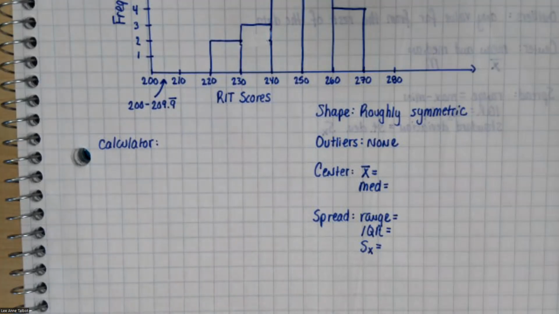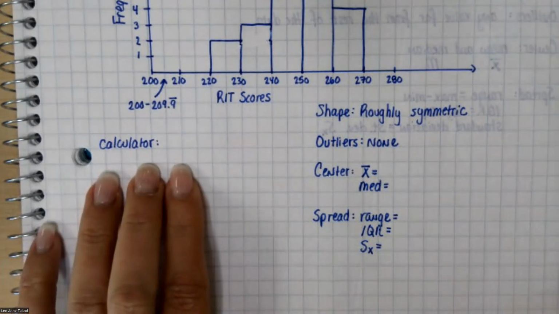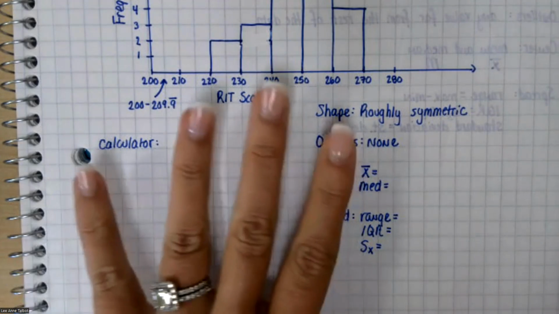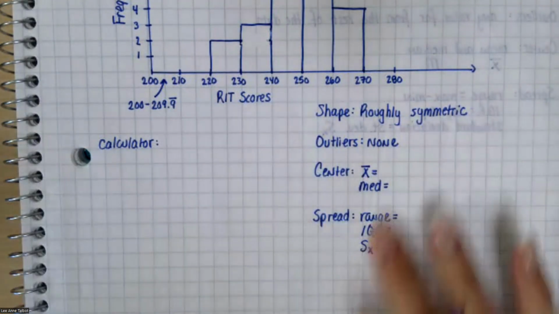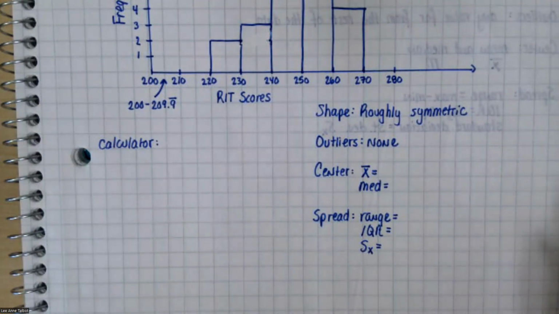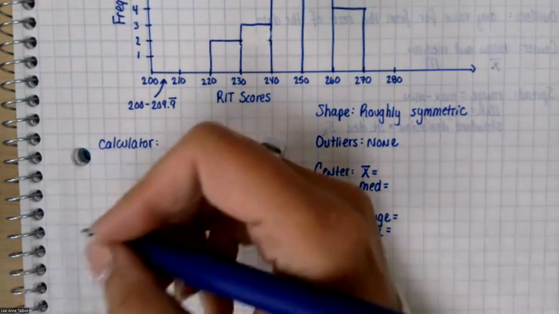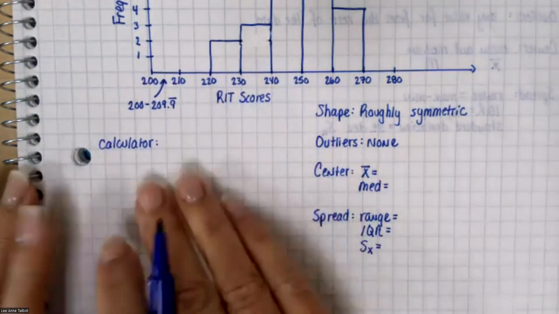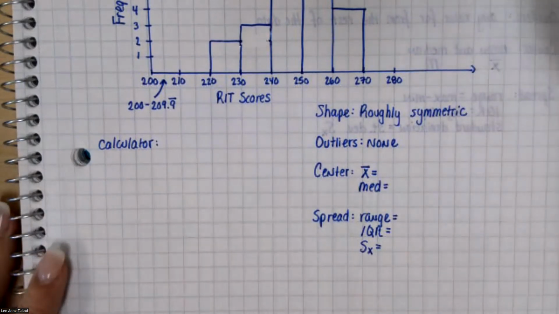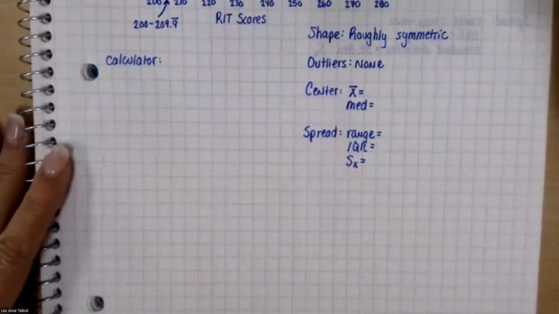Okay. First thing I'm going to do is teach you how to type all of these into the calculator to get all of the statistics you need, and then it will help us also make the box plot. So here are the calculator instructions. I'm just going to write them down, and then we will do it all together.